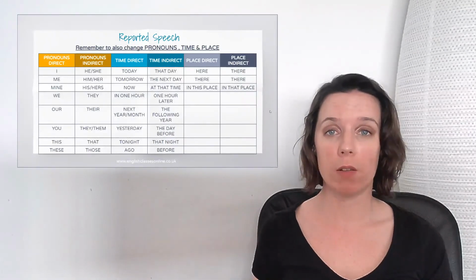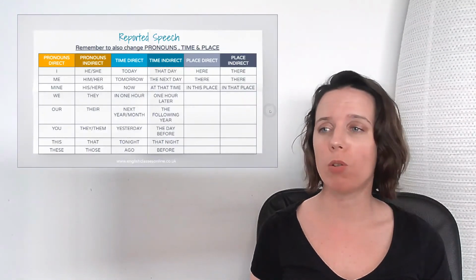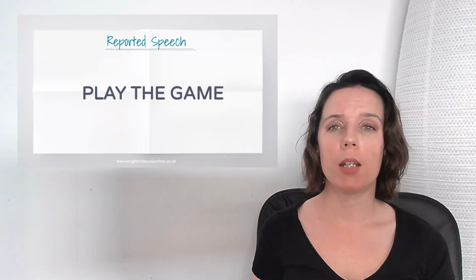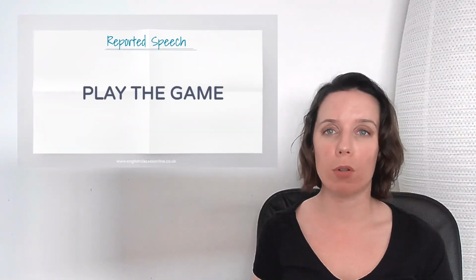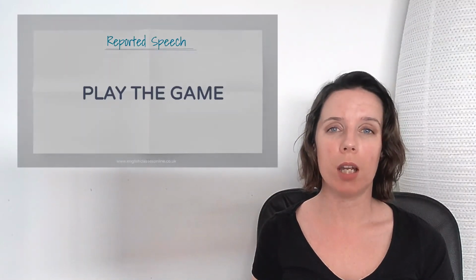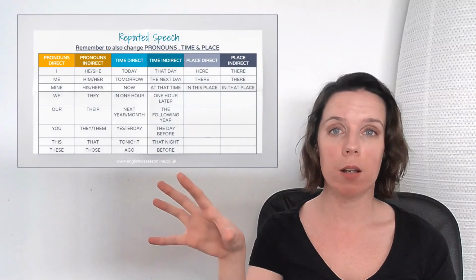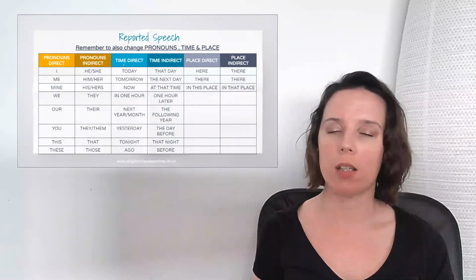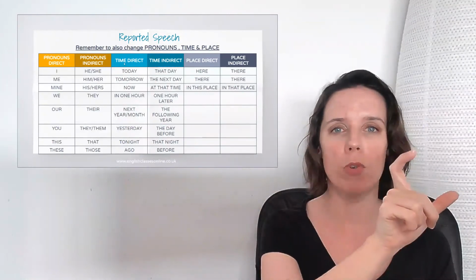So hopefully you've taken a photo or bookmarked this to remind you. And so just to practice, you have a game as well. Again, Pear Deck users, click this link. If you're not using Pear Deck, click the link below the video. And on the game, you will see this, but you will only see the top direct and indirect row there.